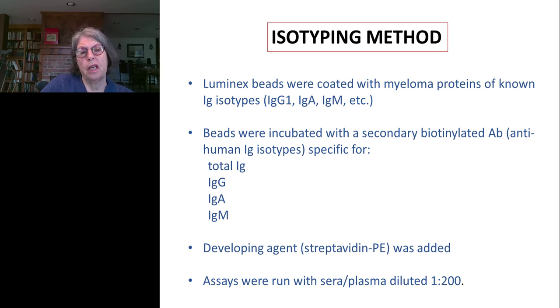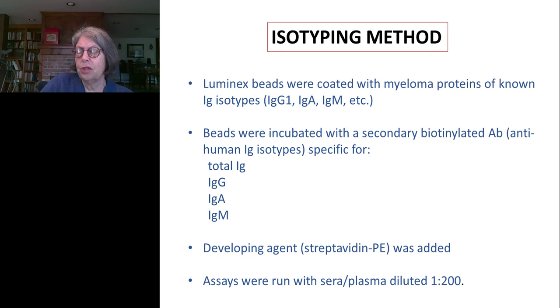How did we pick the antibodies that we were going to use as secondary antibodies? A lot of secondary antibodies or anti-immunoglobulins are sold by companies that are labeled as being specific for IgG1, IgA, IgM, etc.